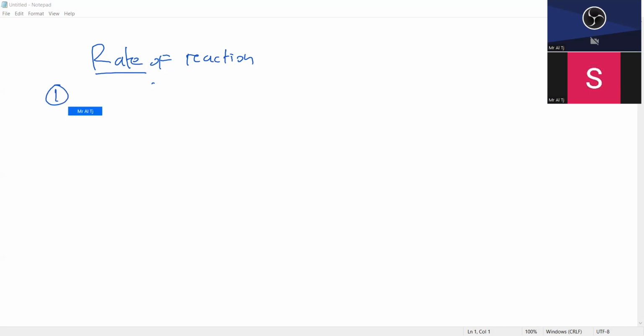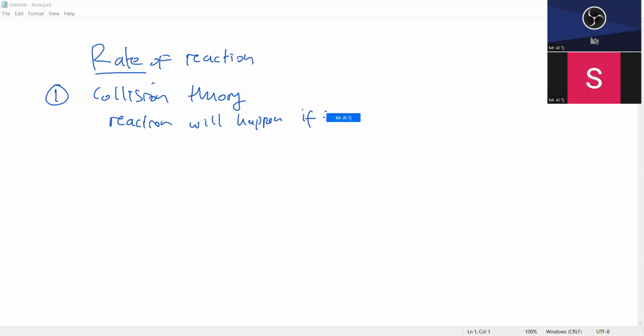Now, before we go into the rate of reactions, we need to know about the concept of the collision theory. Collision theory is a theory that says what needs to happen before a reaction or a chemical change can happen. Now, the collision theory says that for a reaction to happen, first, two particles are going to meet each other.